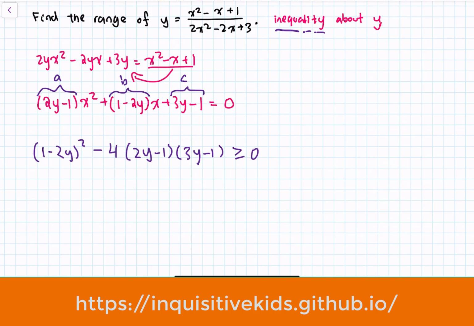So then we simplify. First, we have 4y squared minus 4y plus 1 minus 4 times, we can simplify these two parentheses. 6y squared minus 5y plus 1 is greater or equal to 0. 4y squared minus 4y plus 1, distribute the 4.